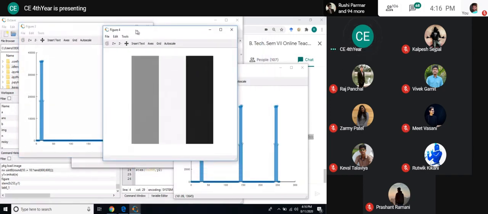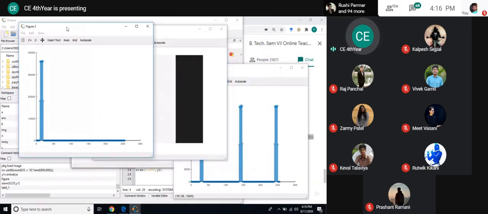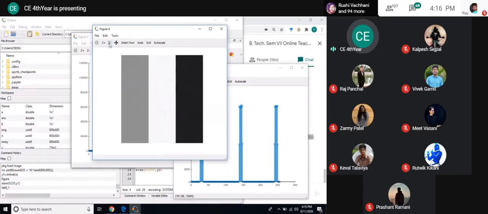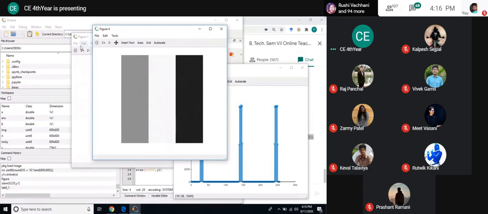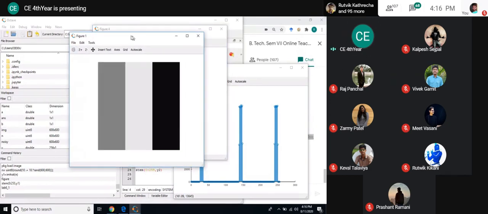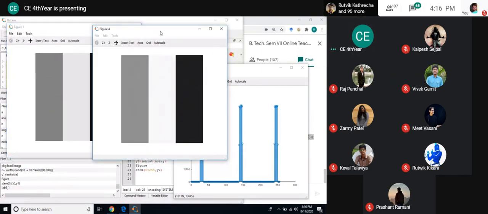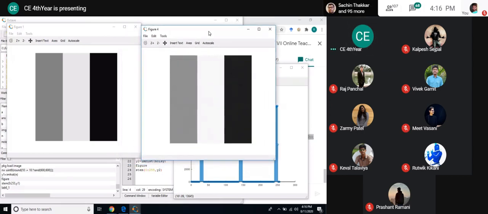Let us minimize this and compare these two first. This is my original image and this is my noisy image. Can you see the difference between the two?